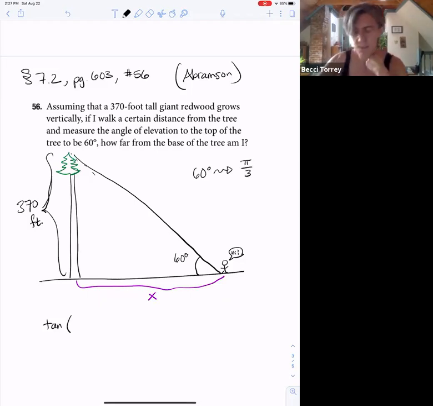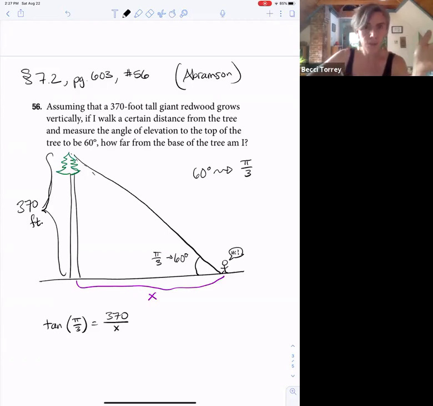Okay. So that's something we want to know. So the tangent of pi over 3 is the opposite over the adjacent, 370 divided by this value that we want to know, x.